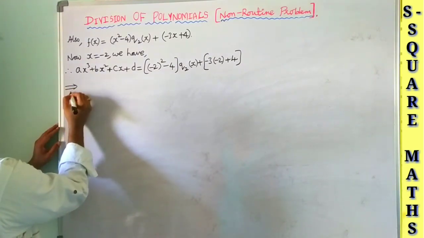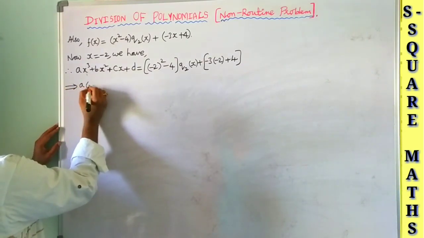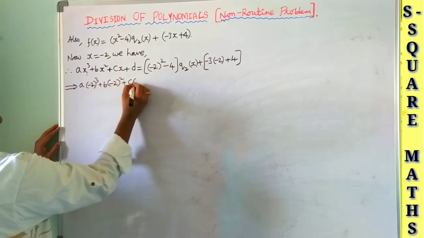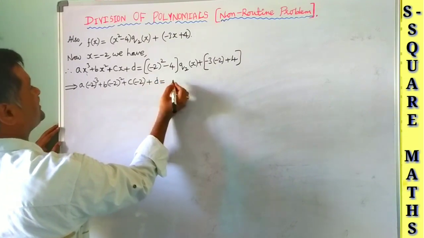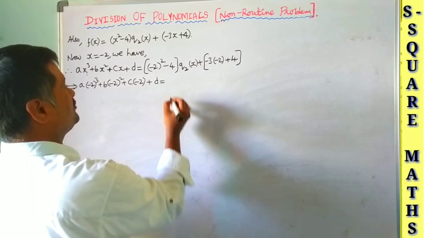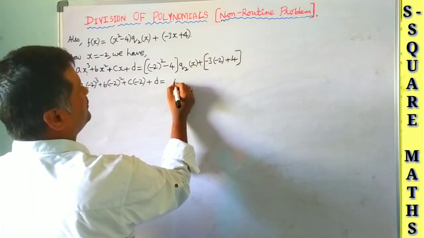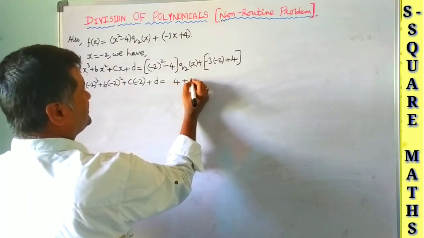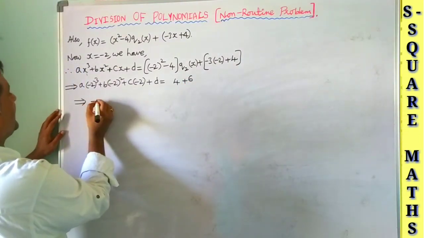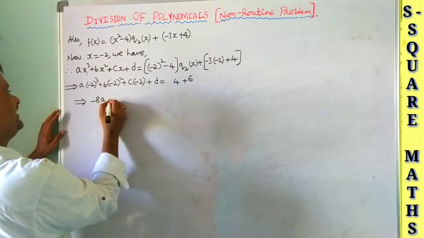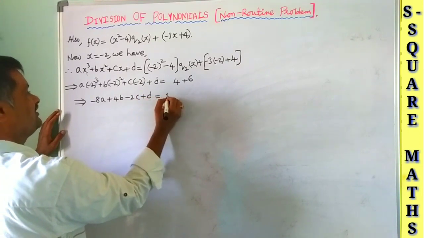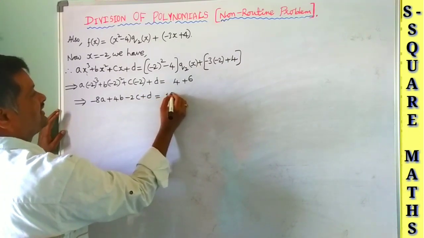So now I can write here in the place of x a into minus 2 whole cube plus b into minus 2 whole square plus c into minus 2 plus d is equal to, this is 4 minus 4 is 0, 0 into q2 of x is 0 plus I can write here 10. So finally I can write now minus 8a plus 4b minus 2c plus d is equal to 10.